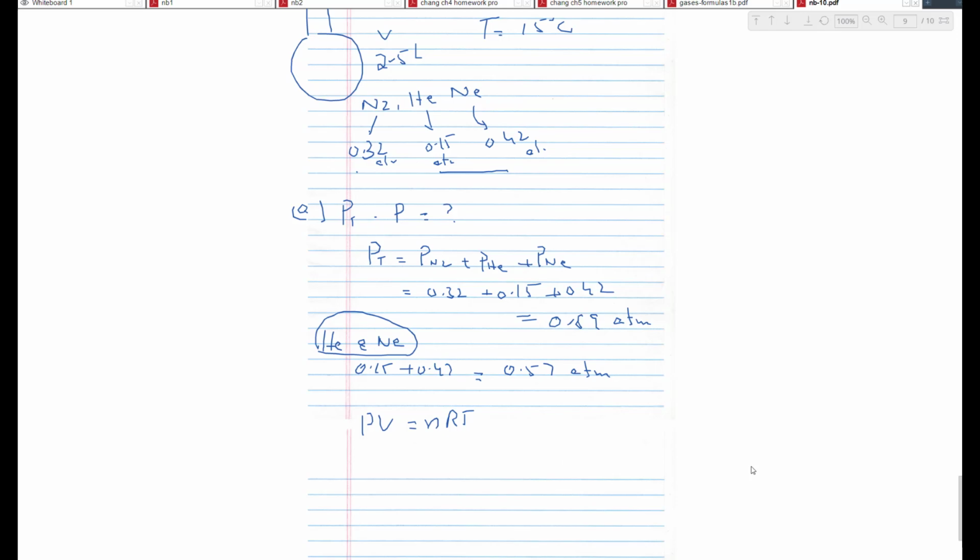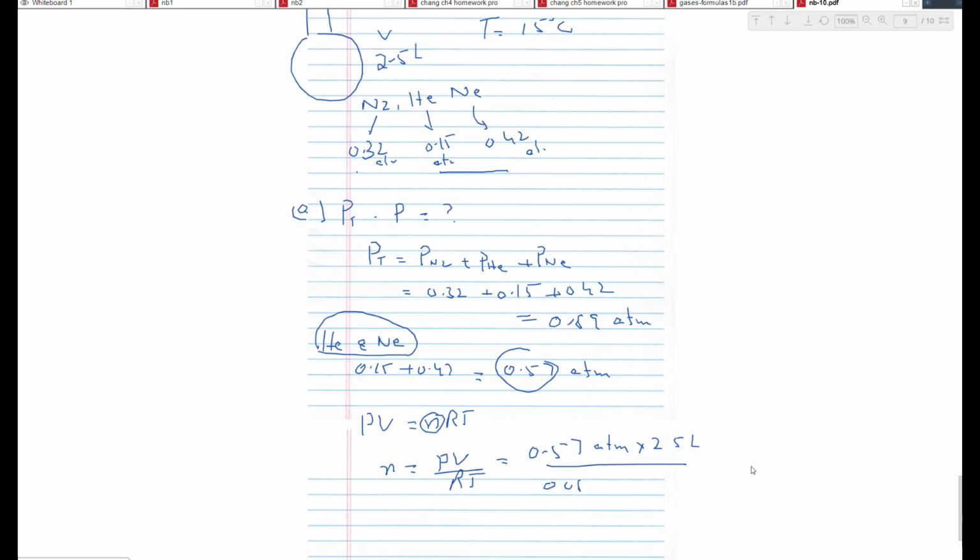Because we want the volume, moles, and n is equal to what? Moles, which is grams over gram per mole. So the pressure at that time was not the total pressure, but this pressure: 0.57 atmosphere. The container volume is the same, 2.5 liters.